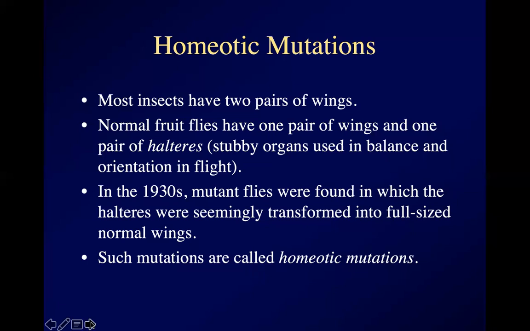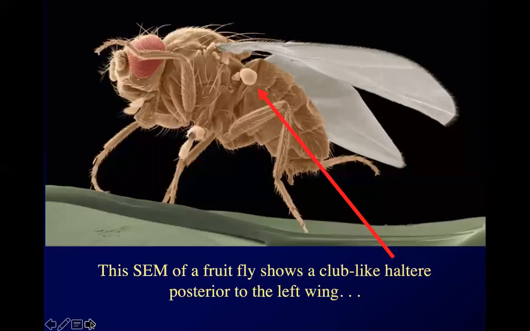And I should mention that homeos is Greek for similar. So a homeotic mutation is not just a mutation, it's one that takes one body part and transforms it into something similar to a different body part. So there's an SEM of a normal fruit fly, and you can see the wings clearly. This little lumpy thing up there, that is one of the halteres.